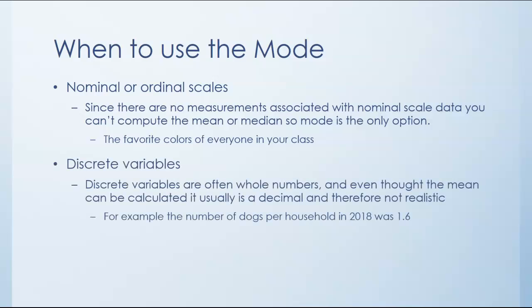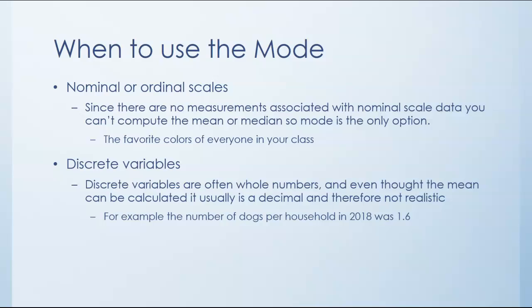We also use mode on discrete variables, which are often whole numbers, and that can be calculated easily. For example, the number of dogs per household in 2008 was 1.6. That's not really a reasonable answer because you can't have 1.6 dogs.